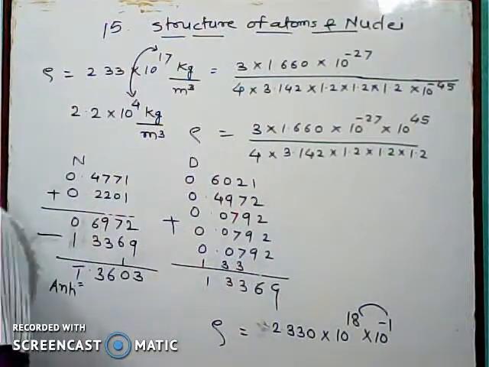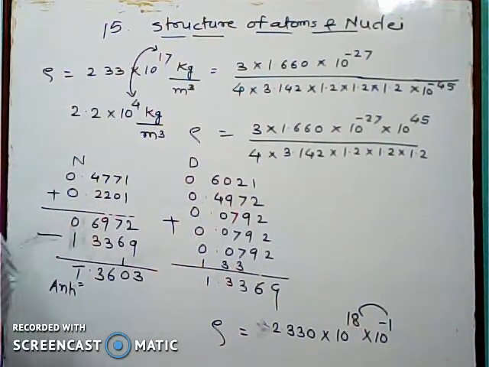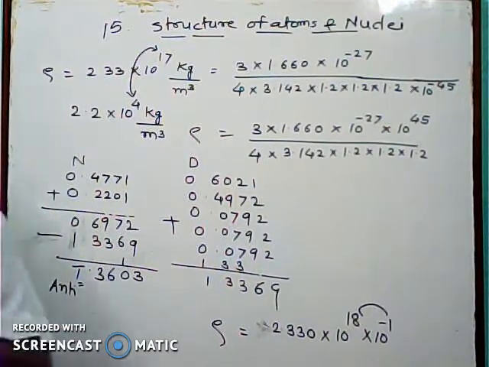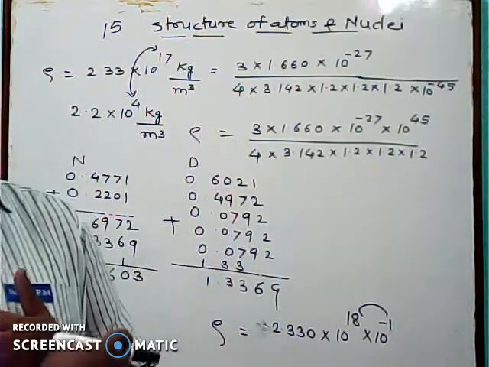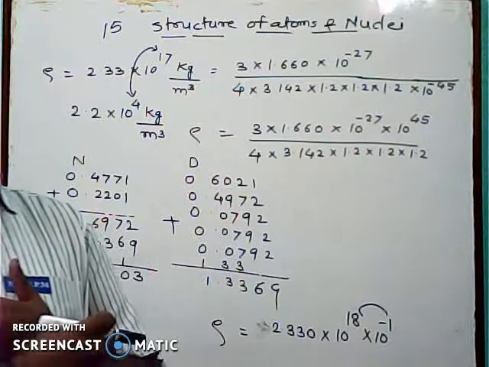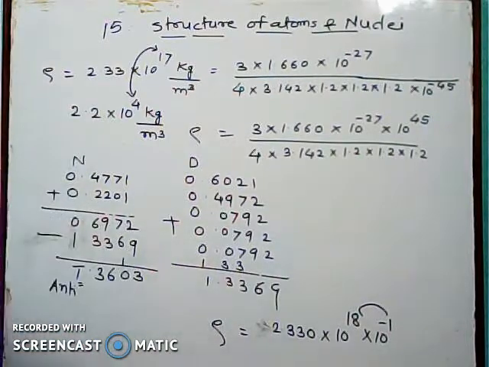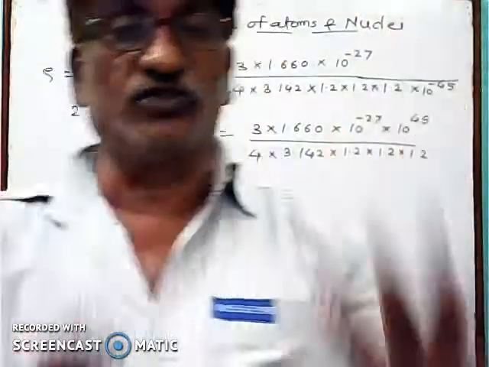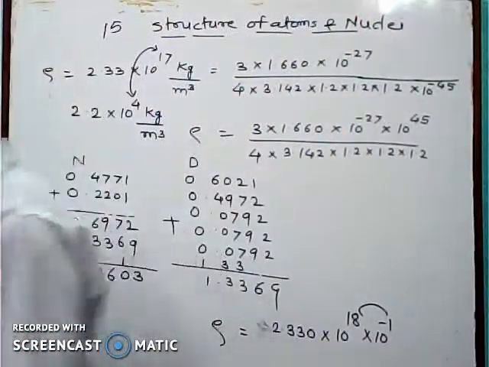So we want to find out the radius and density of germanium, whose atomic mass number is 70 and whose mass is approximately 69.24. We can solve a numerical problem.